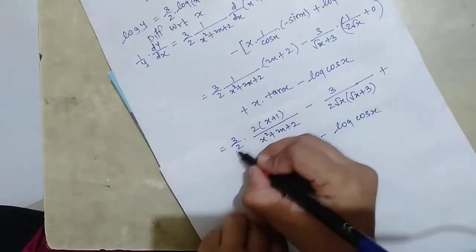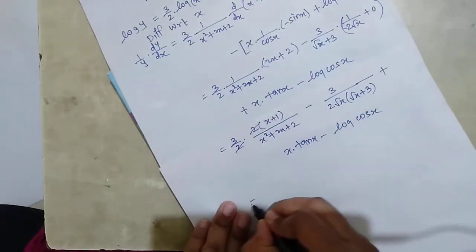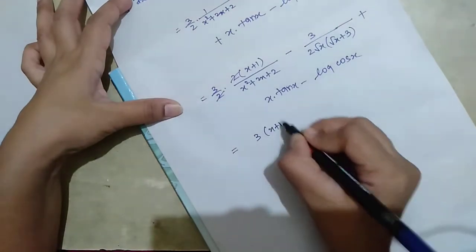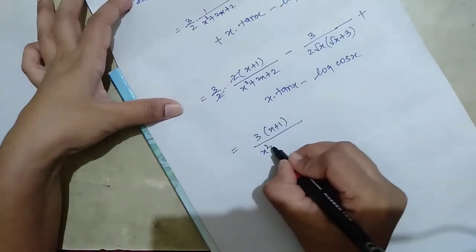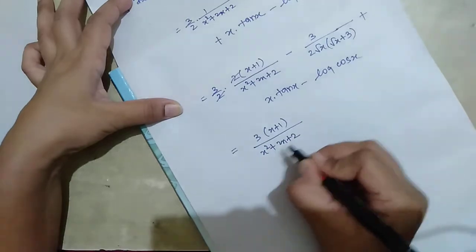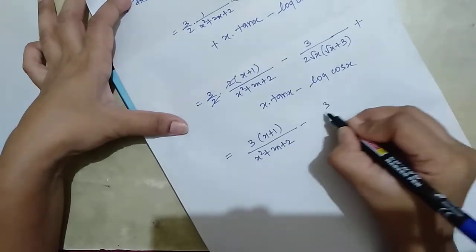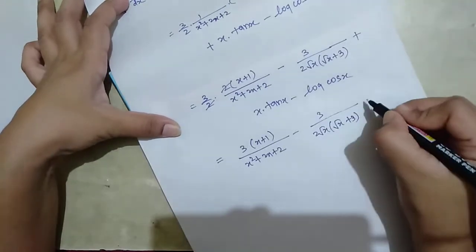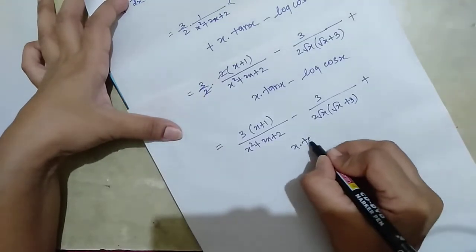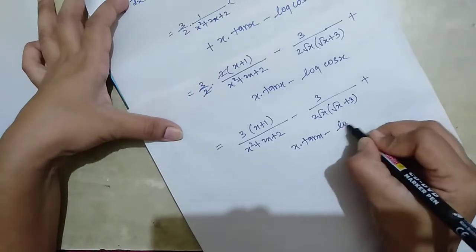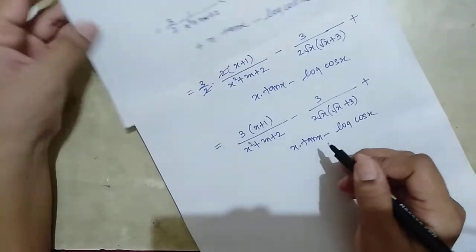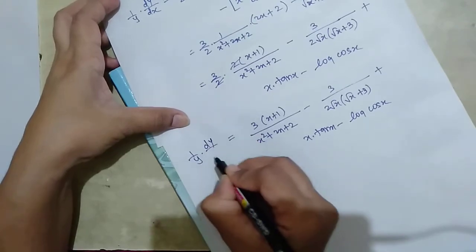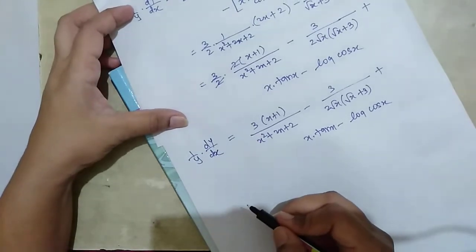The 2 gets cancelled, so it is equal to 3 upon x plus 1 over x square plus 2x plus 2, minus 3 divided by 2 root x plus 3, plus x into tan x minus log of cos x. This is the value of 1 upon y into dy by dx.